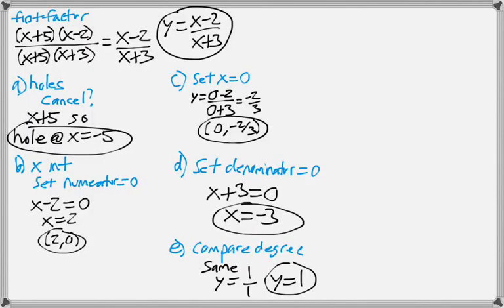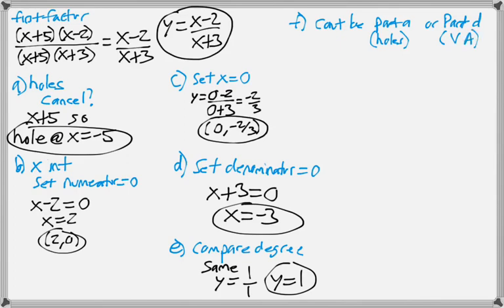Part F is the domain. And the domain can't be part A, which are the holes, and it can't be part D, which are the vertical asymptotes.